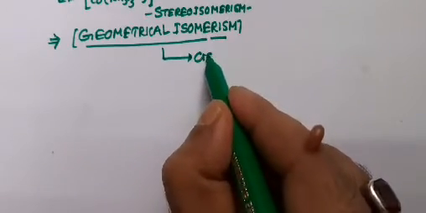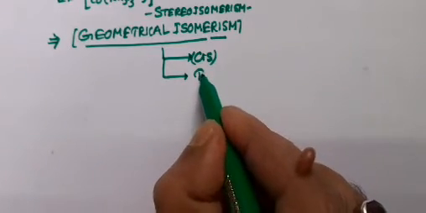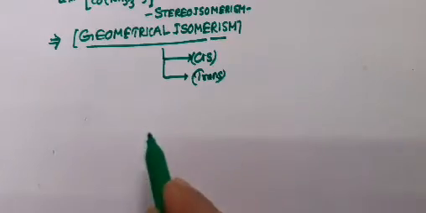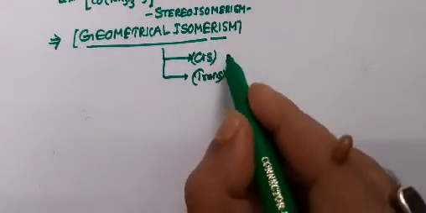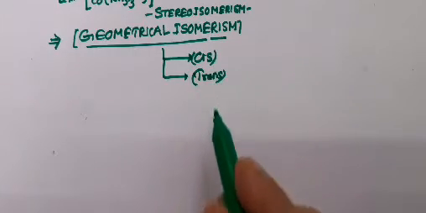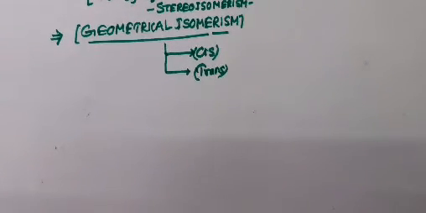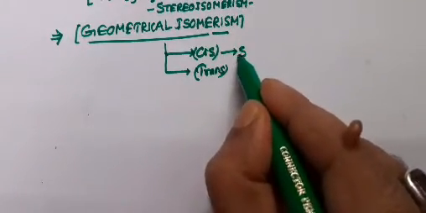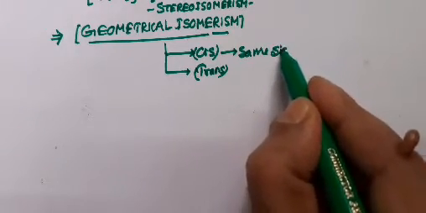As we know, geometrical isomerism is of two types. The first one is cis and the second one is trans. When identical ligands are attached to the central metal ion or metal atom in a given complex on the same side, it is said to be the cis isomeric form.